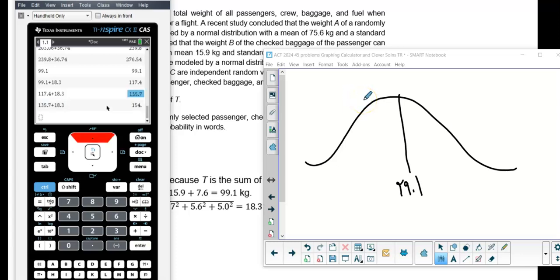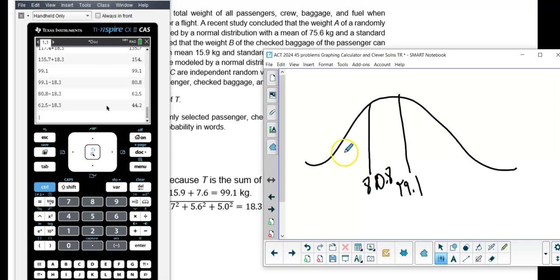I need to go the other direction. So minus 18.3, 3 times. So I'd get 80.8, 62.5, and 44.2. And of course, I'm going to do that this direction too, but just for time here, man, this is a long one.